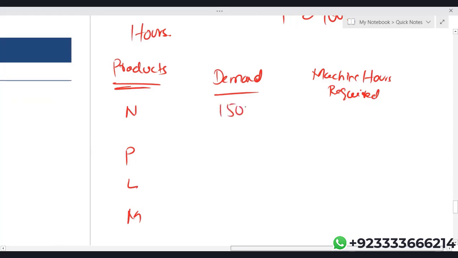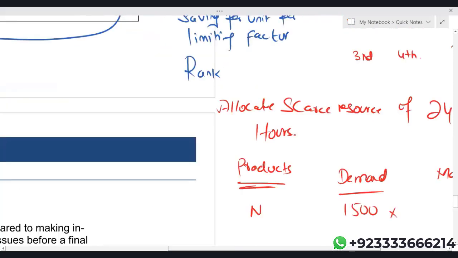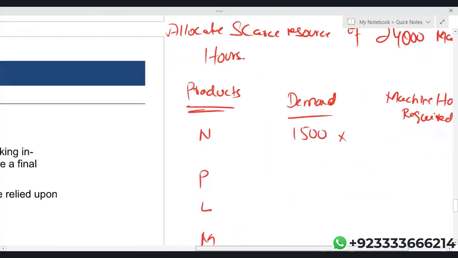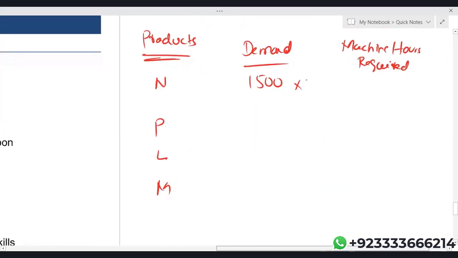Demand is 1500 into N. N needs 4 hours, so that is 6000 hours. How many hours does P need? P needs 6 hours, so 9000. So 6 plus 9 is 15.